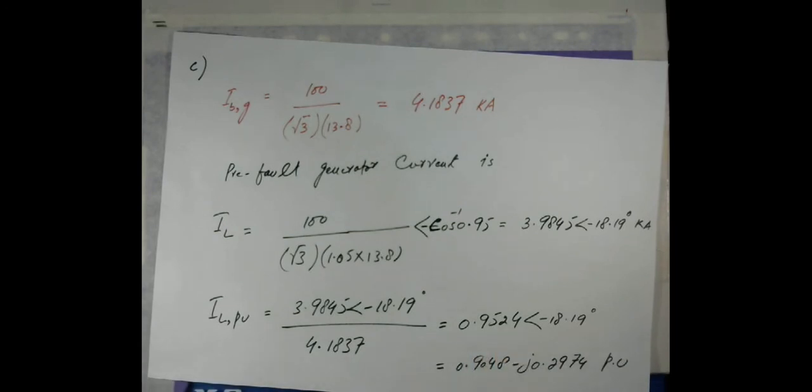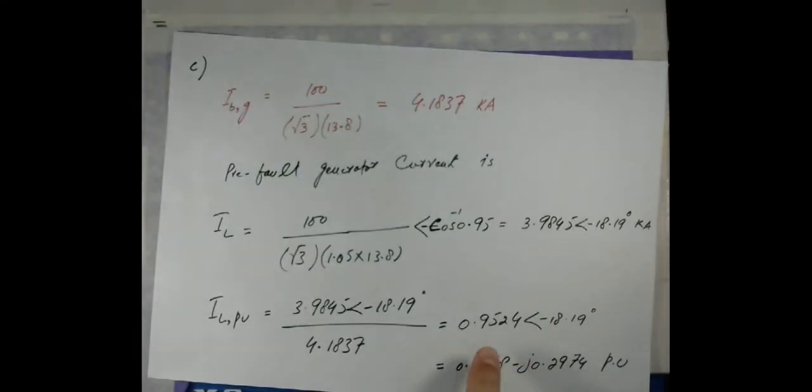It means it is several times more. The current during the fault is several times more than the current under the normal operating condition. Almost, I would say, 10 times more. So the current is quite high during the faulty condition.